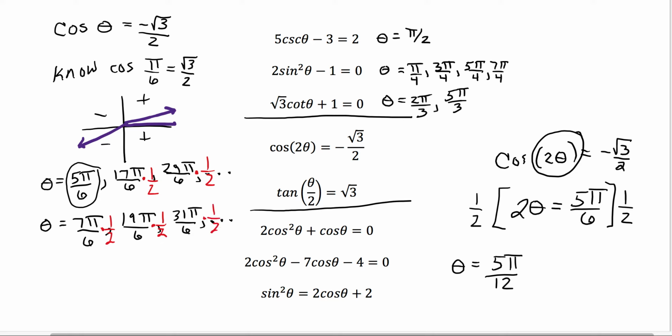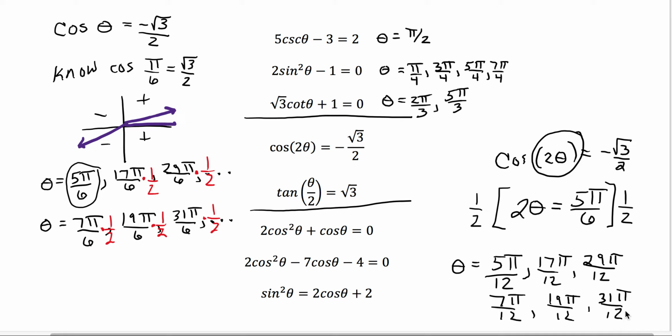All right, so we have 17 pi over 12 for the next one. We have 29 pi over 12. In the second group, we're going to have 7 pi over 12. We're going to have 19 pi over 12. And 31 pi over 12.